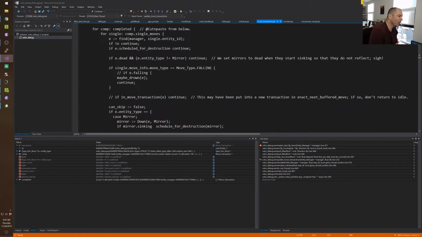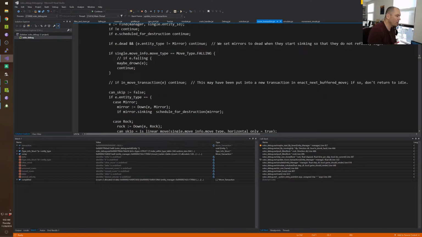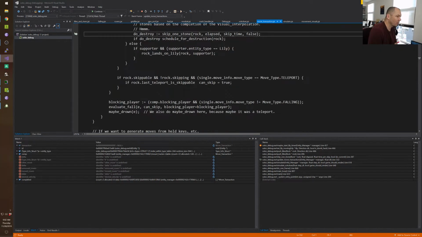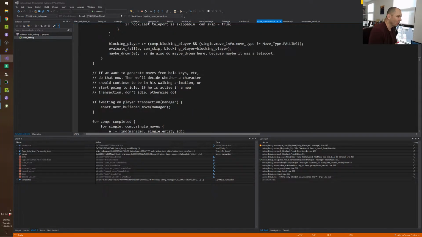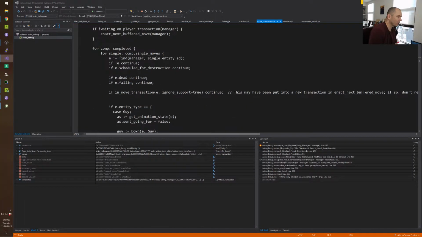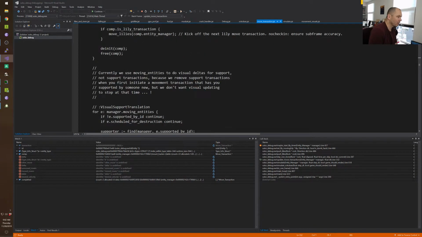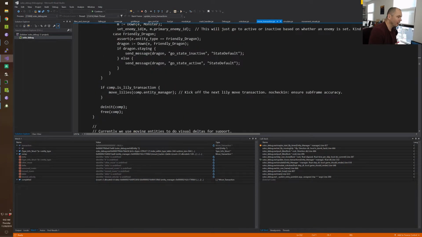And we don't want to start the next one till we do whatever needs to happen here, because this might change some gameplay state. So like, down here is where we start the new lily transaction if we had the old one. So we're in this tiny window in between. Now this makes sense to me.